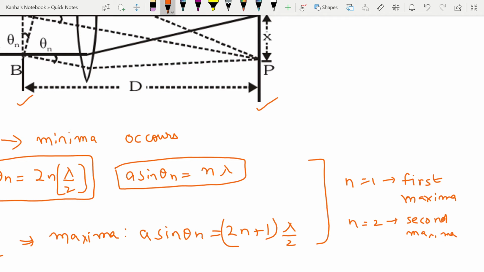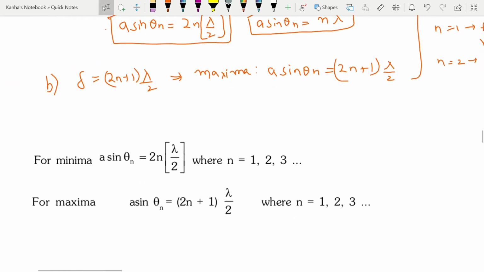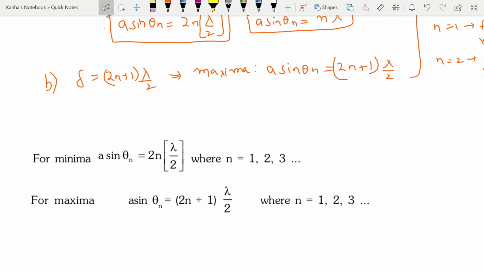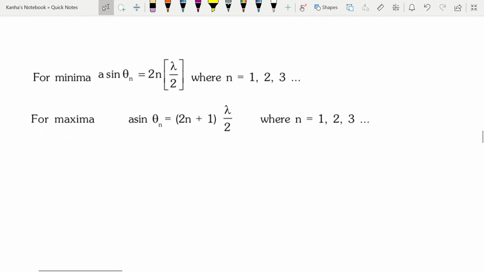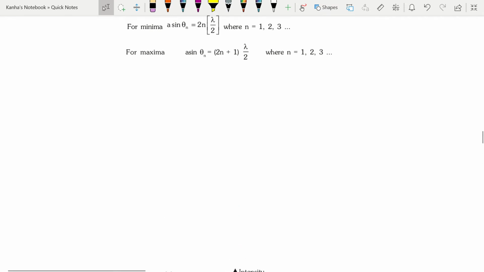So this should be quite clear. What will you actually get on the screen? There will, in alternate order, be minimas and maximas occurring on both sides of the central maxima. So let's talk about the nth minima. I have written first of all these things down for you to note. Let's talk about intensity later.